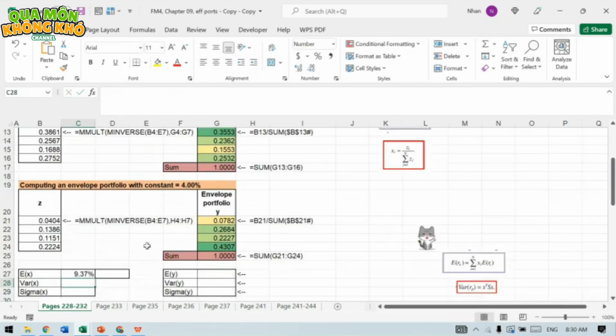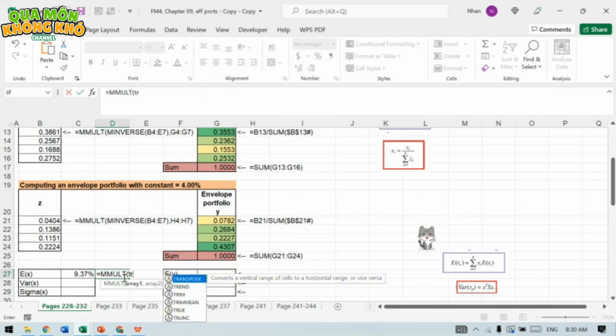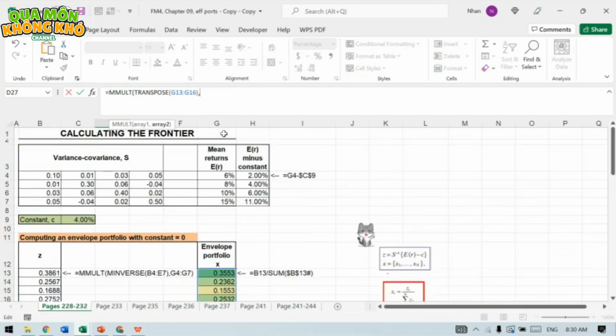So I enter it. Actually, there is another way to calculate the expected return by using the MMULT function. I will try it and let's see whether the result is equal or not. But first, I will transpose the envelope portfolio, and then I will calculate the mean here.